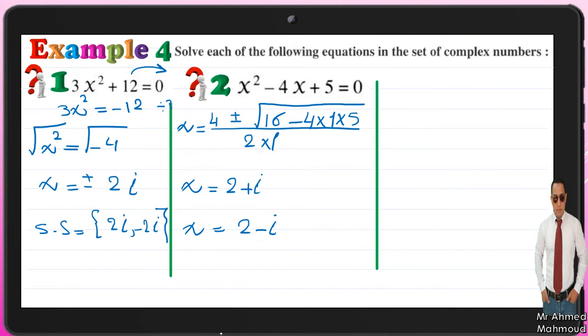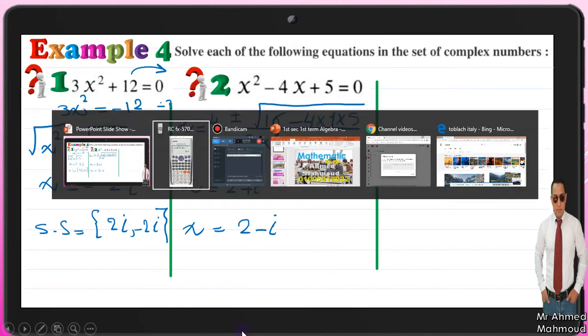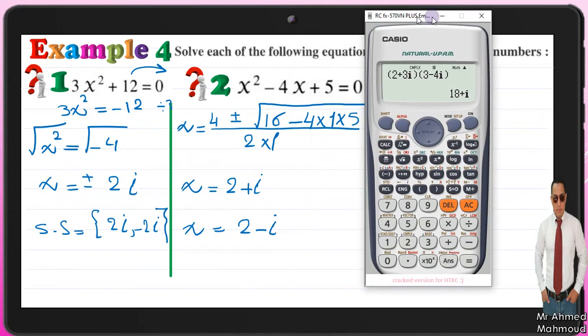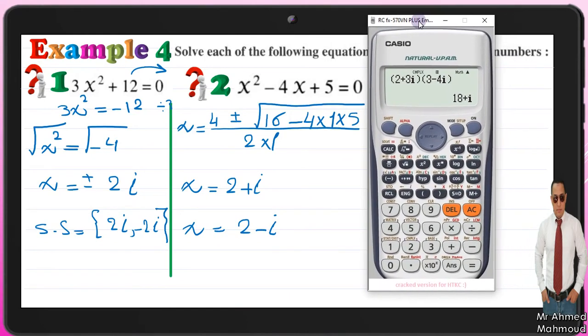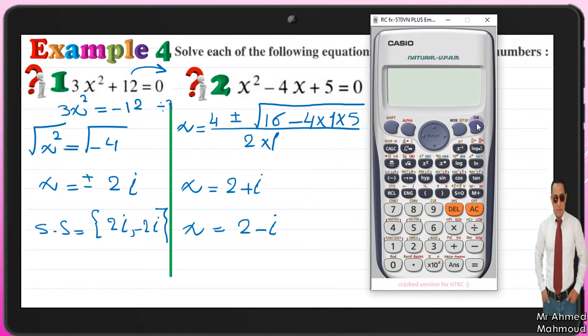Okay, I will solve this one by using the calculator to show you how the calculator can solve equations in the set of complex numbers. Okay, mode 5, 3, a, b, c: a 1, b negative 4, c 5. 1 equal, negative 4 equal, 5 equal. x1 equals 2 plus i, x2 equals 2 minus i.